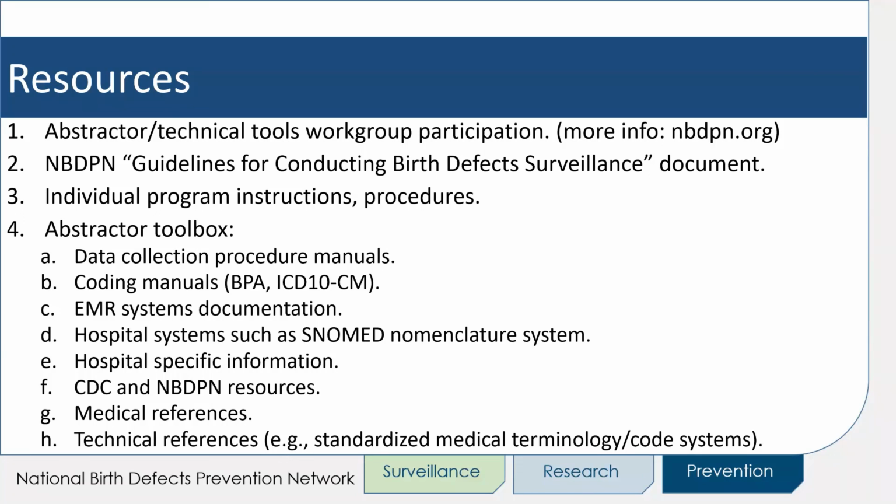Hospital-specific information, CDC and NBDPN guidelines, medical references, and technical references. For example, standardized medical terminology, or code systems. You can also check with your program for helpful resources for you as an abstractor.